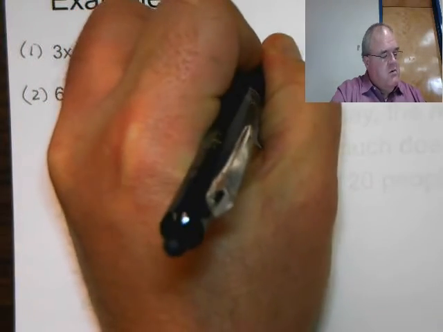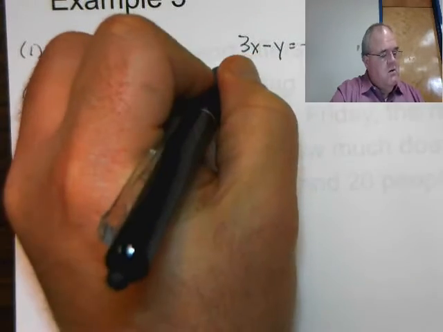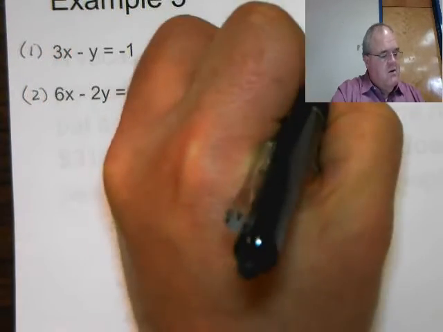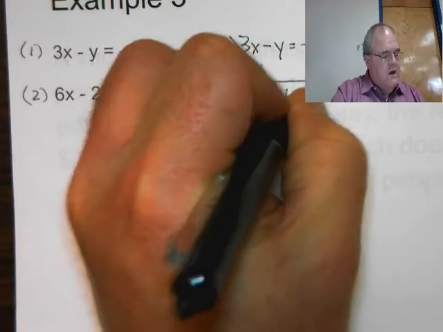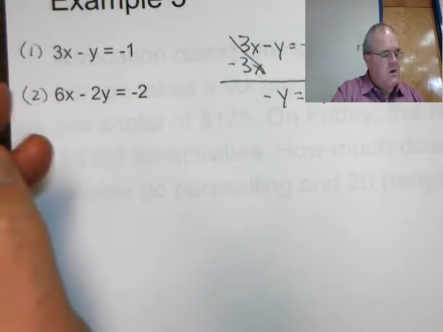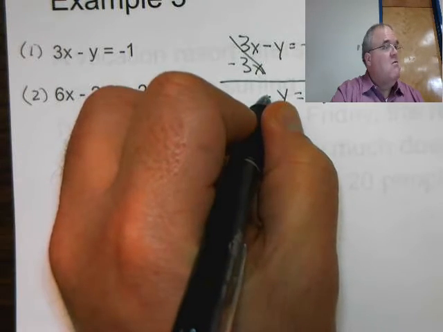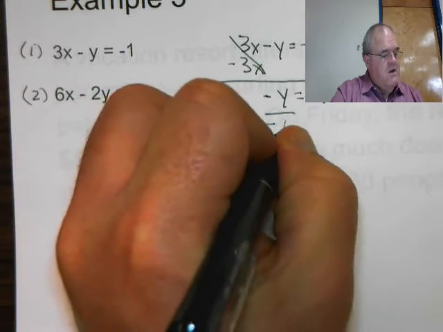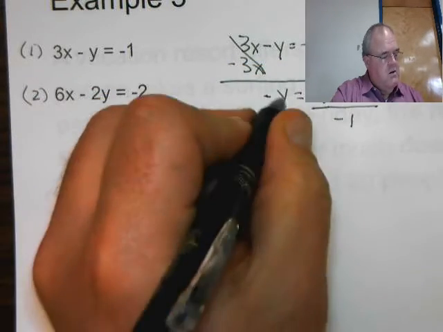So I'm going to have 3x minus y equals negative 1. So I'm going to subtract 3x from both sides, and I get negative y equals negative 1 minus 3x. And because I have the negative sign, I want to get rid of it, so I have to divide everything by negative 1.